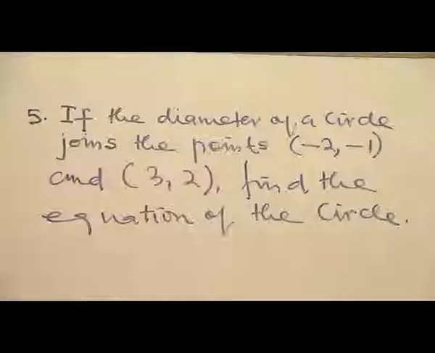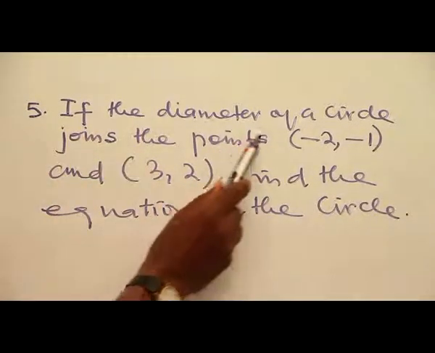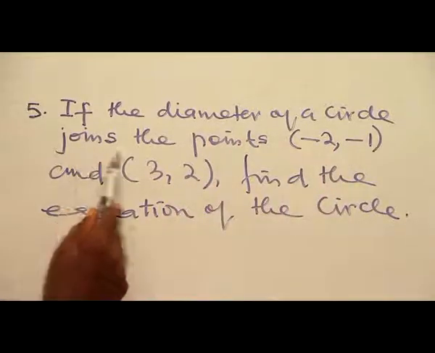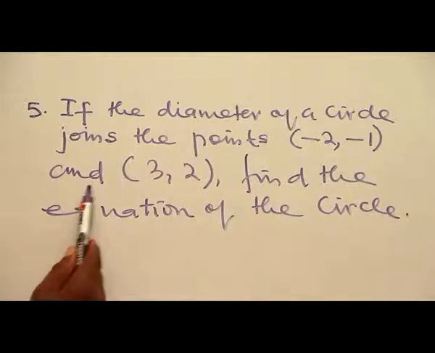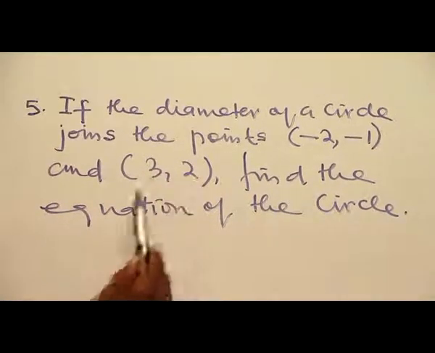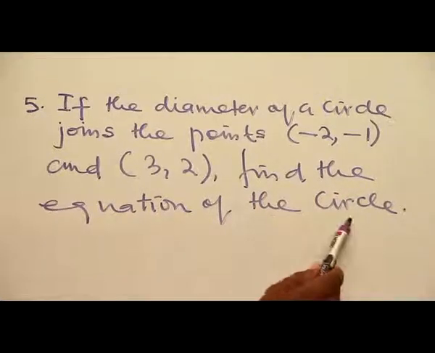Illustrative example number 5. If the diameter of a circle joins the points (-2, -1) and (3, 2), find the equation of the circle.